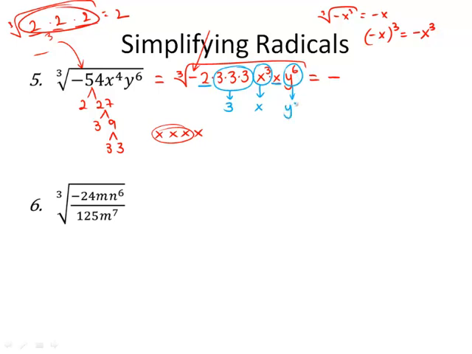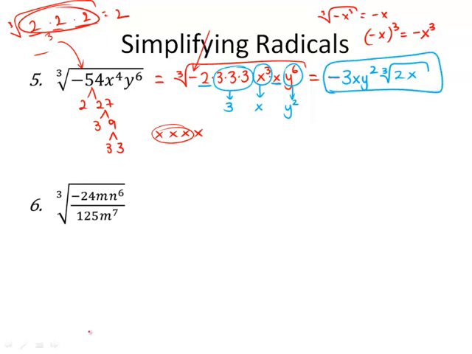So that leaves us with y to the 2, because y squared cubed gives us y to the 6. There's many ways of understanding this. If you really want, you can write it all out and look for triplets. Either way, you're left with negative 3xy squared up front, and under the cube root, remember it still stays as a cube root, you're left with a 2 and an x. And that is the simplest form there.